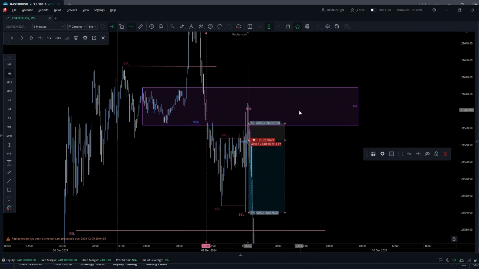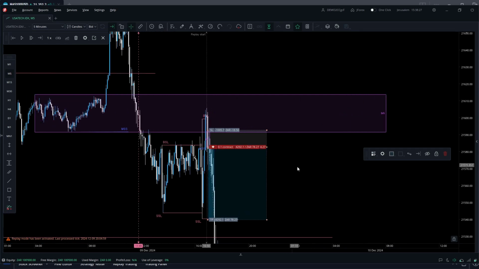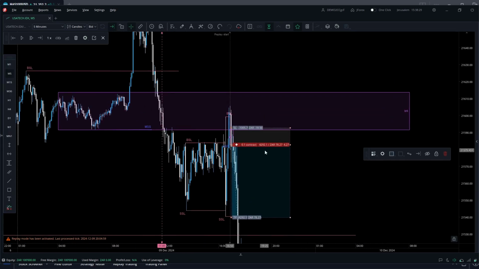They're essentially old order blocks that fail to hold, and since market structure shifts, we retest the old order block and it now becomes a breaker block, and so we can use that as a level of entry.